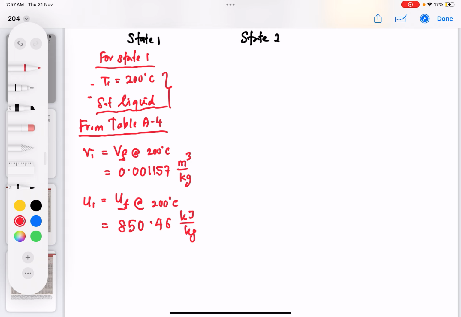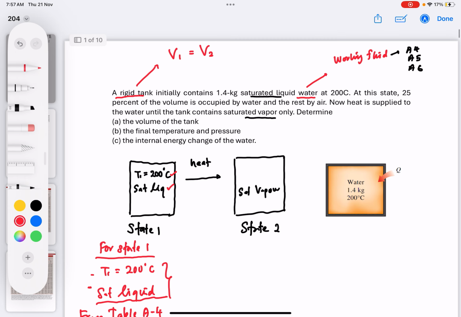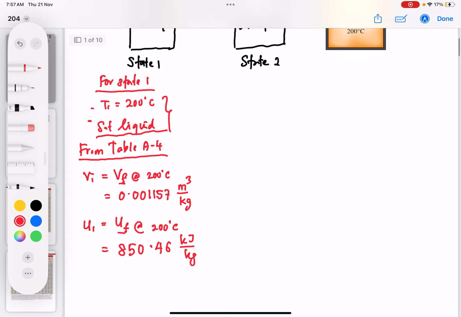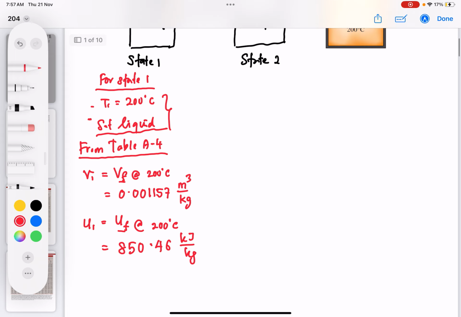Alright. So now I would like to attempt the first part of the question, which is the volume of the tank. Just like previous videos, I know that the volume at state 1 is equal to the specific volume at state 1 multiplied by m.